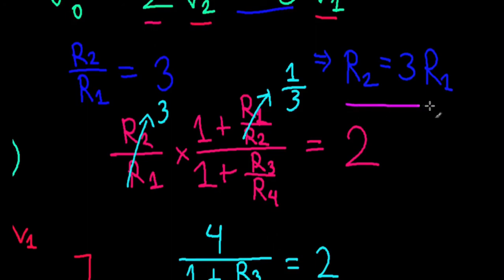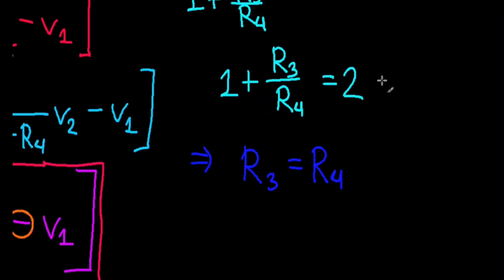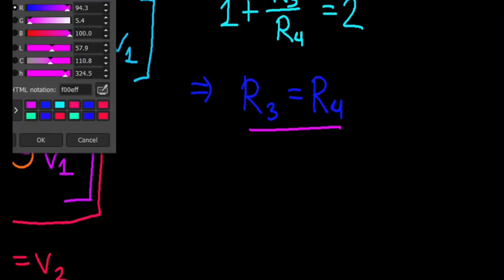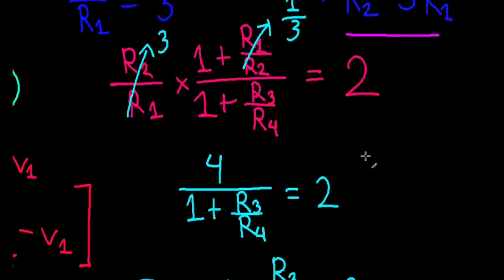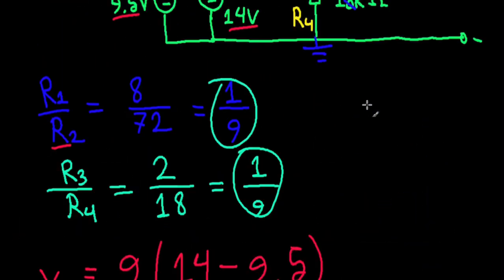The R2 being triple of R1, R3 being equal to R4. So let's actually construct a circuit. Just one example circuit. And for that, let's say we also impose something else on this problem.